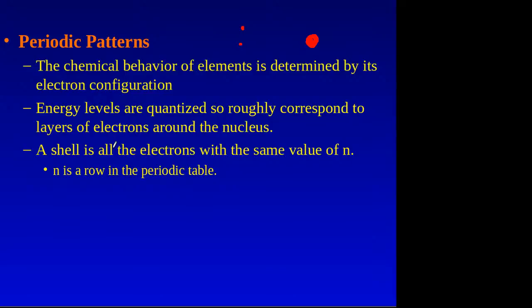And so what ends up happening is the electrons in the outer shell correspond to the period in the periodic table. So n determines what energy levels you can have, and the number of energy levels you have determines your outer shell.